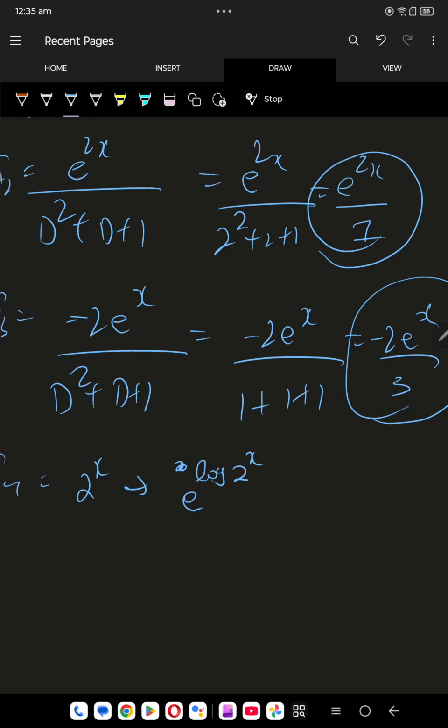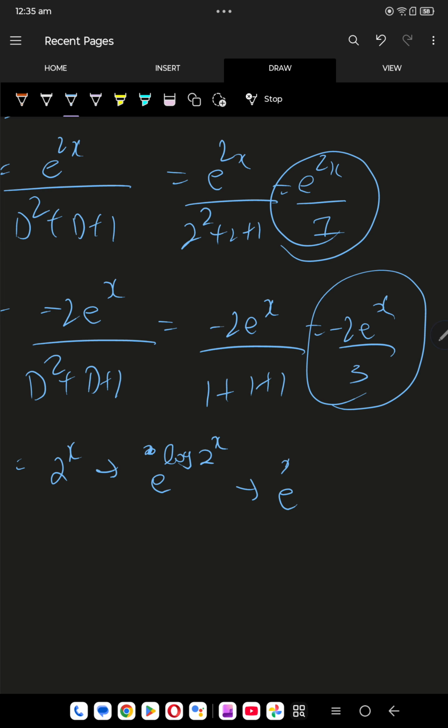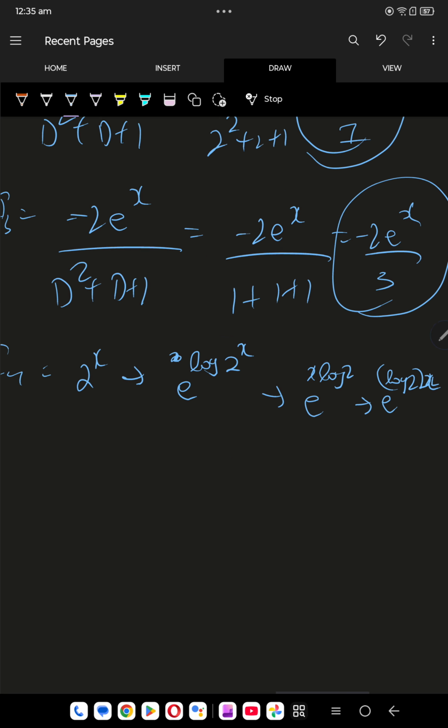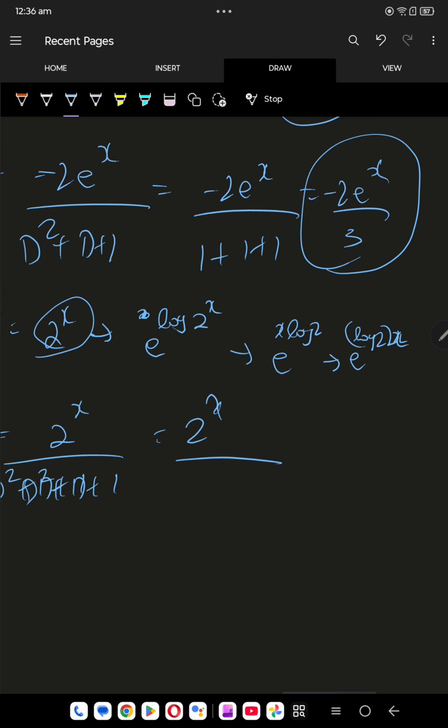This can be written as e power x log 2, which is e power log 2 into x, basically e power ax. Now let's write it down. We'll keep 2 power x in the numerator, but while solving, D is log 2.